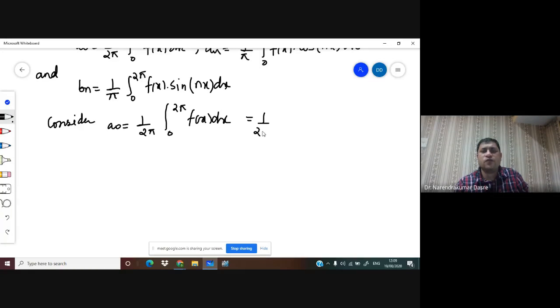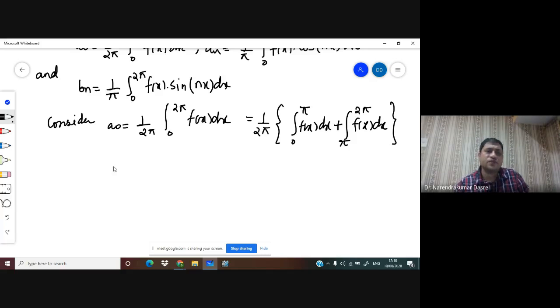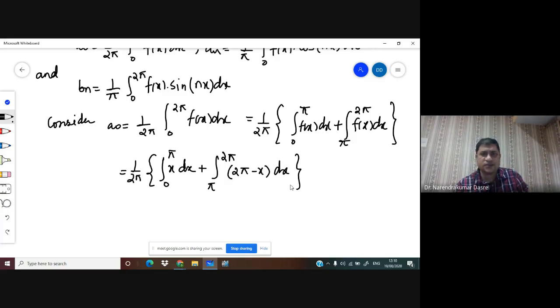This is equal to 1 upon 2 pi integral 0 to pi f of x dx plus integral pi to 2 pi f of x dx, and that is equal to 1 upon 2 pi integral 0 to pi x dx plus pi to 2 pi 2 pi minus x dx.